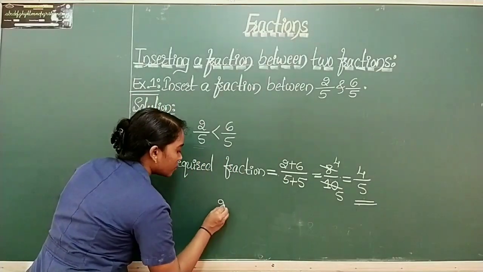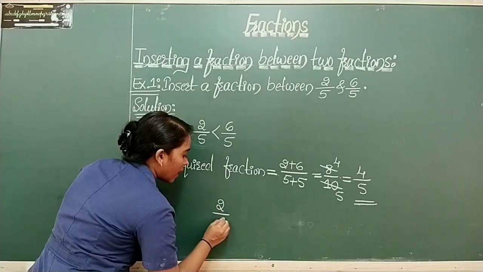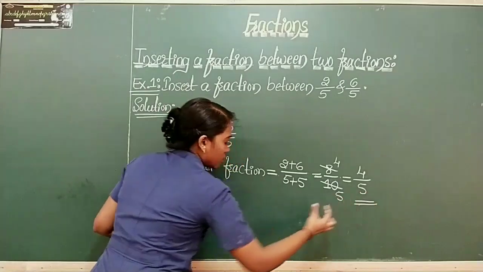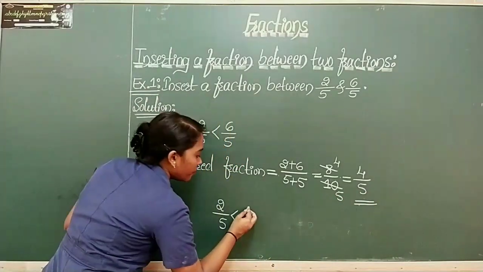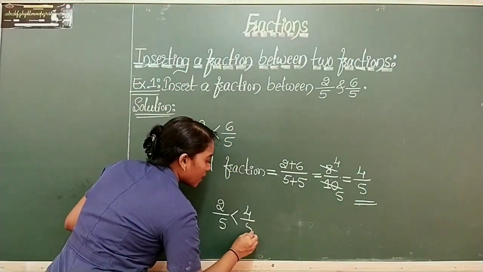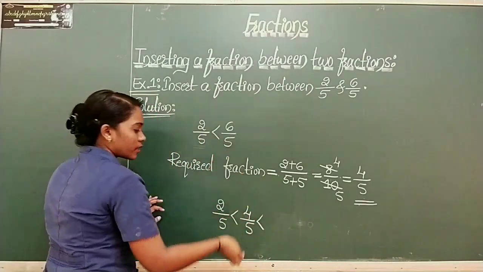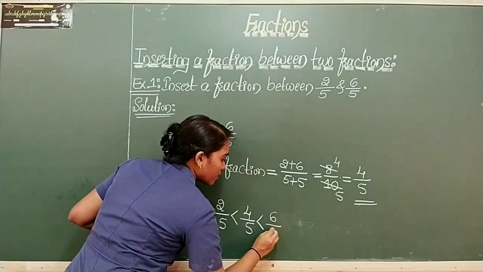See here how we have to insert. 2 by 5 is less than this fraction, you have to write here. Now 4 by 5, which is less than, now write this fraction 6 by 5.